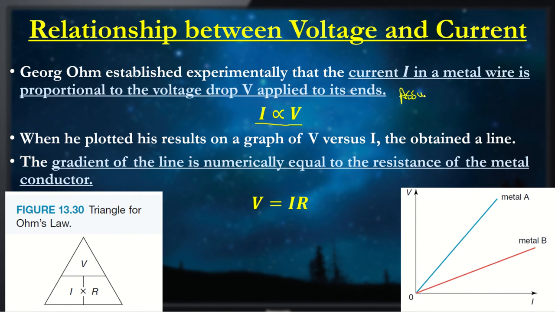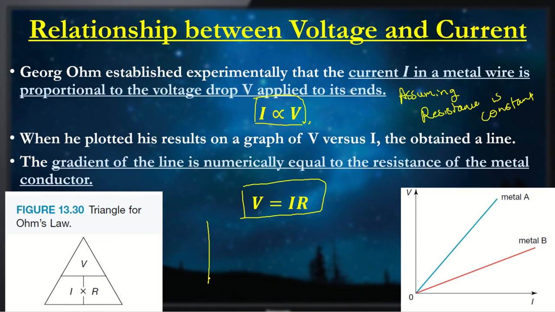What we did say again, from what you saw in the simulation, is that assuming the resistance is constant, then current and voltage are directly proportional to each other. We can rewrite the formula like so. If you actually graphed it out, if you did a bit of experiment with electric circuits, you had voltage over current.